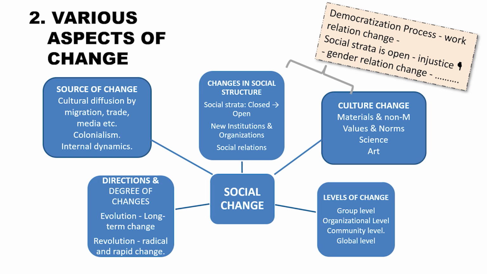Other aspect of change is changes in social structure. For example, changes in the stratification of society. For example, from a closed stratification where no social mobilization can happen, for example, in a caste society dominated by a structure of caste, like in India in the past.